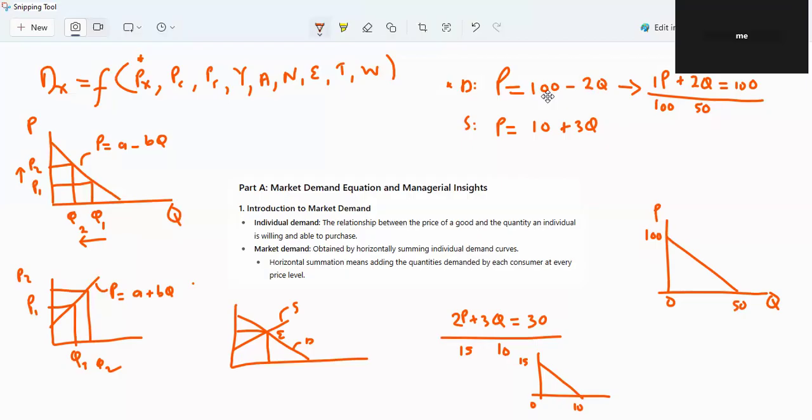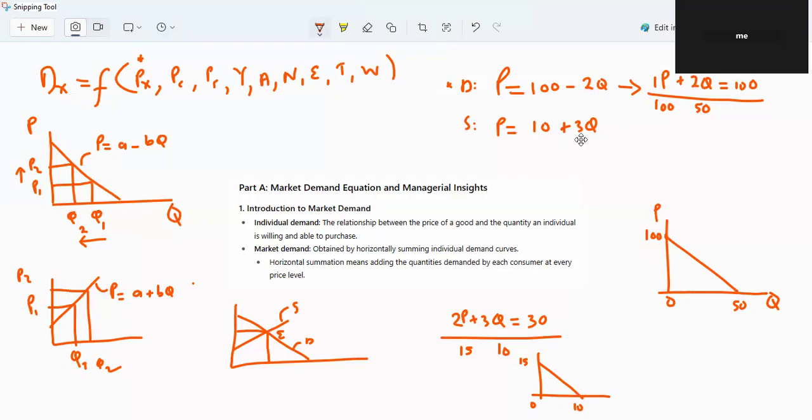Are we together so far? I am. So meaning if there's no number, there's an invisible 1. So 1 into 100, this is where the 100 is. 2 into 100, this is where the 50 is. So on the P, there's 100. On the Q, there's 50. That's how we sketch that one.